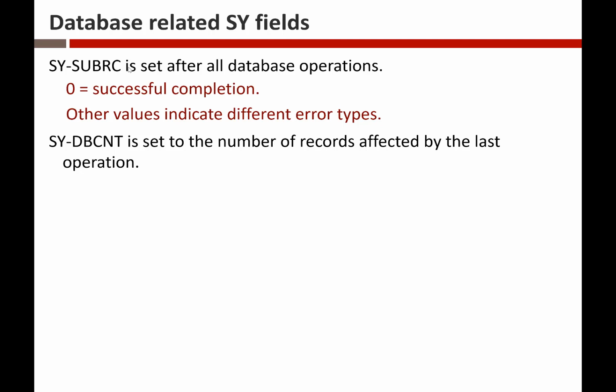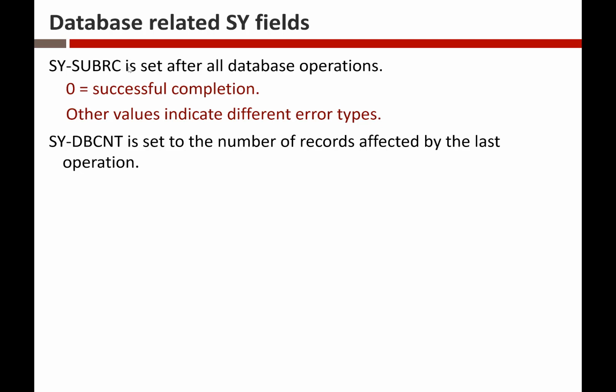So we're going to go in and we're going to use an update statement to update the zip code of everyone that lives in Johnson City to this new zip code. Well, we can issue the update statement, check sy-subrc to see if it was done correctly, and we get back a 0 and we're like, yay, it was done correctly. But we could also check sy-dbcnt and it might tell us that 847 records were adjusted.